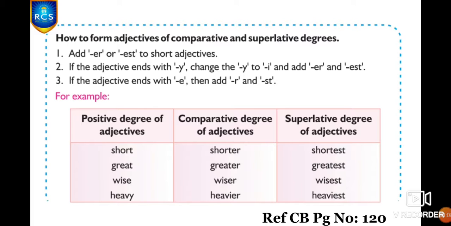Second one, if the adjective ends with y, change the y to i and add er to the comparative degree and est to the superlative degree. Third one, if the adjective ends with e, then add r to the comparative degree and st to the superlative degree.